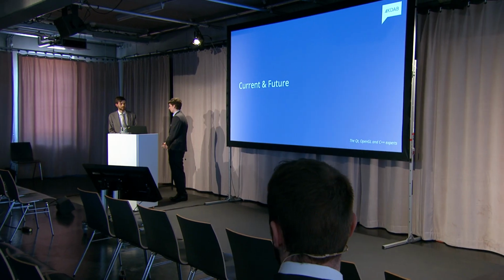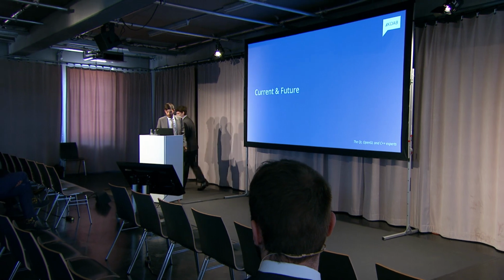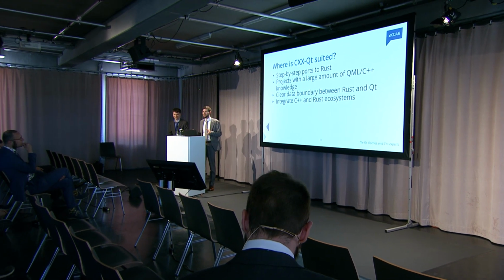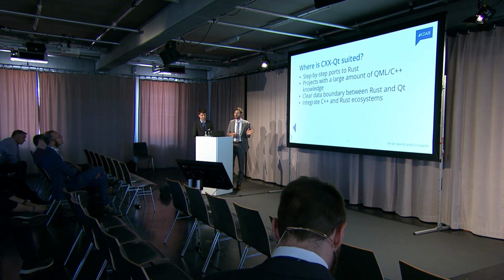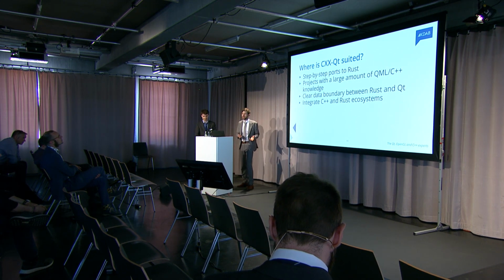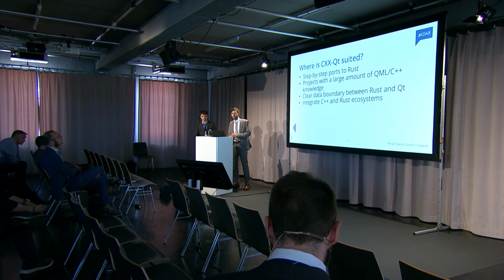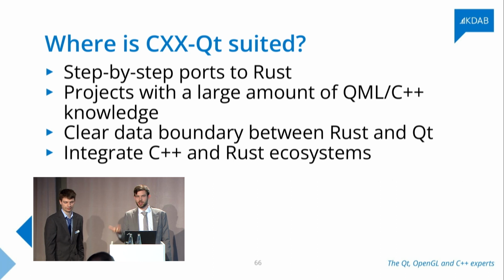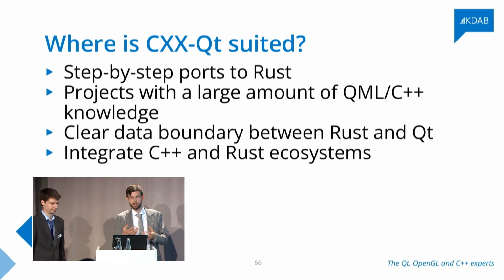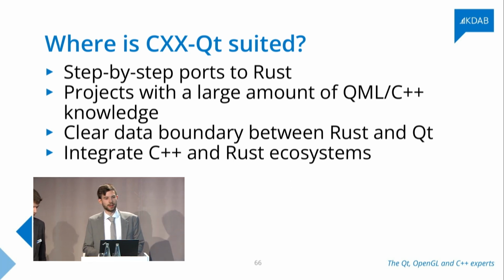So, Leon, where are we currently and where are we going to go in the future? At the moment, CXX-Qt is especially suited if you want to move an existing application to Rust. So if you want to step-by-step start with maybe a single QObject that you might want to try out, how does it look in Rust, how does it feel, does it behave well?